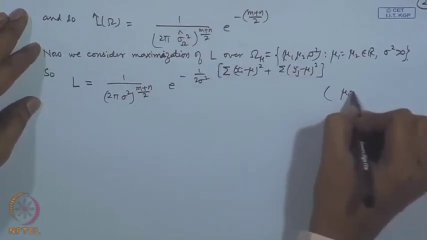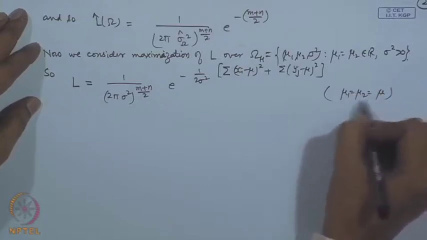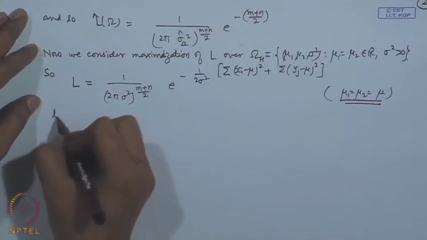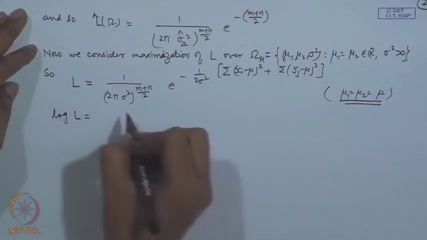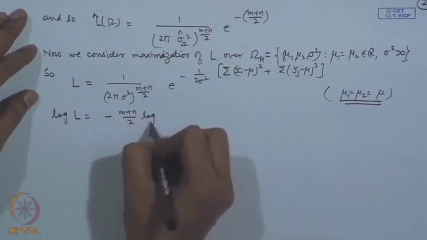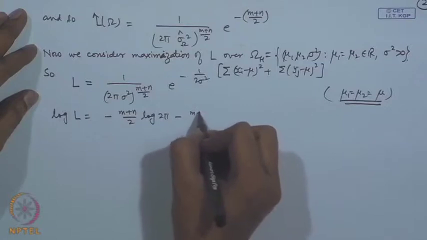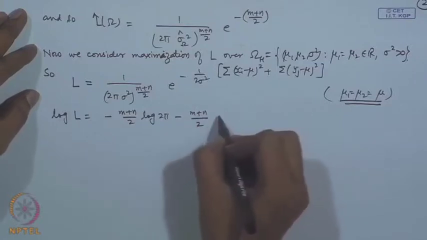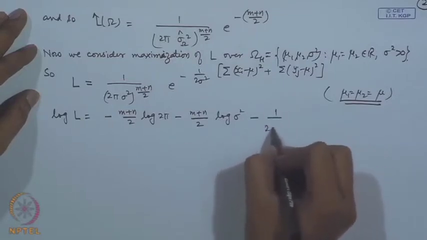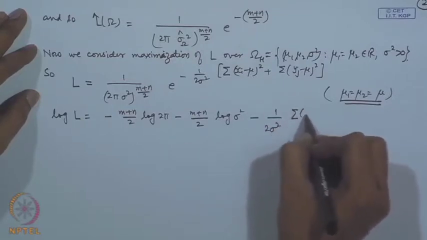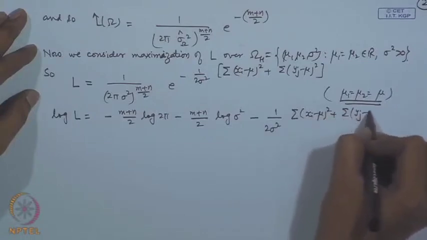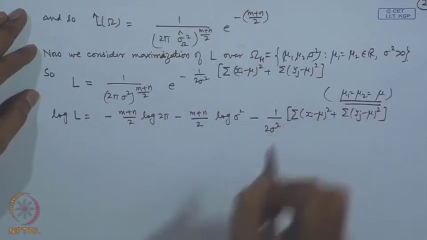That means, I have taken here mu 1 equal to mu 2 equal to mu. So, log of L is equal to minus m plus n by 2 log of 2 pi minus m plus n by 2 log of sigma square minus 1 by 2 sigma square times sigma (x i minus mu) square plus sigma (y j minus mu) square.